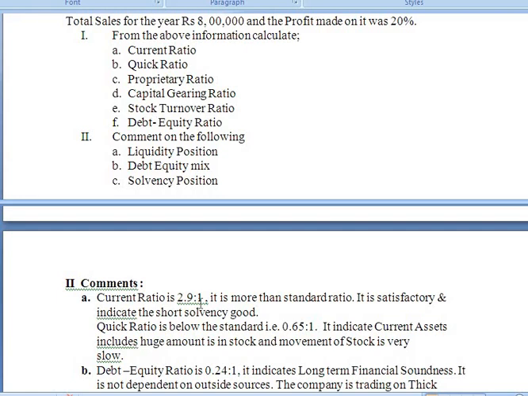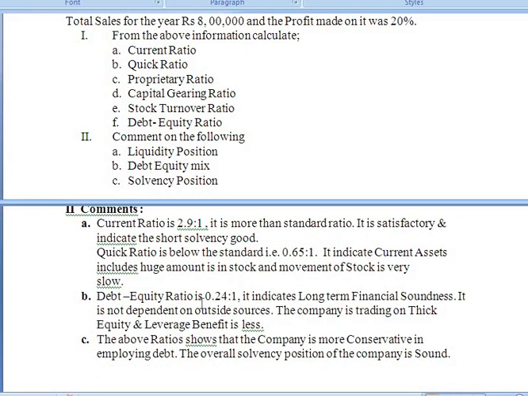Second one is debt equity mix, that is external and internal equity mix. Debt equity ratio is how much? 0.24:1. It indicates long term financial soundness. It is not dependent on outside sources. The company is trading on thick equity and leverage benefit is less.